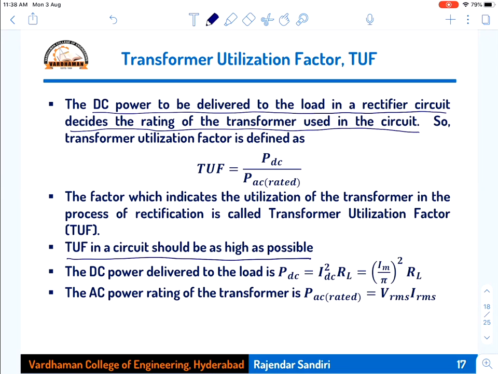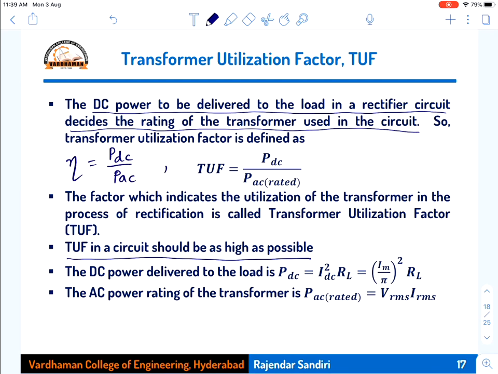Now according to this definition, transformer utilization factor is equal to PDC, the output DC power, divided by PAC rated. So what is the difference between PAC rated and PAC? Efficiency eta is equal to PDC divided by PAC, and transformer utilization factor is PDC divided by PAC rated.